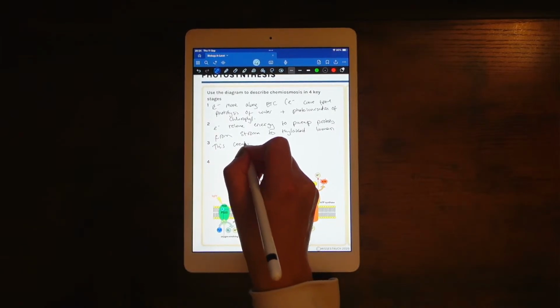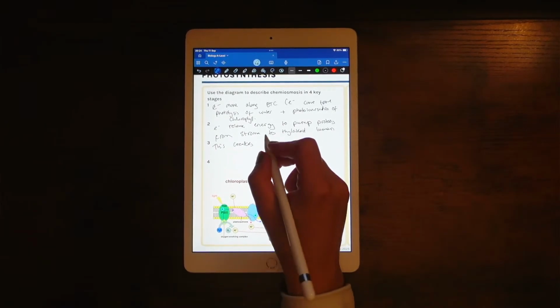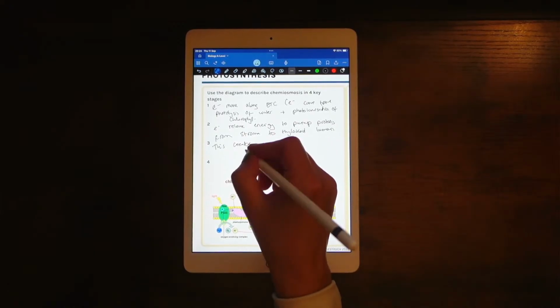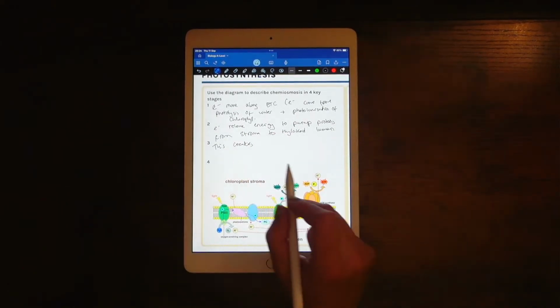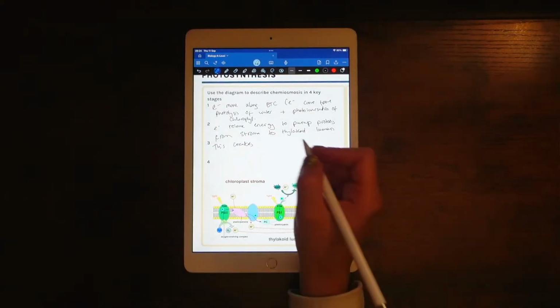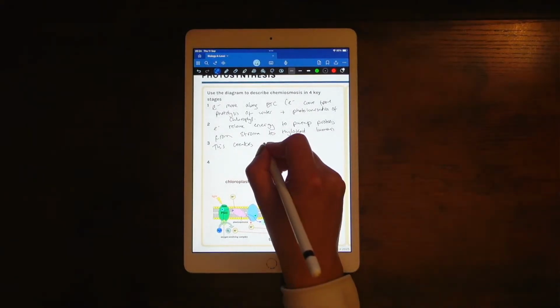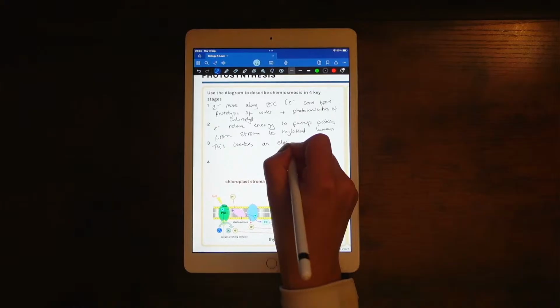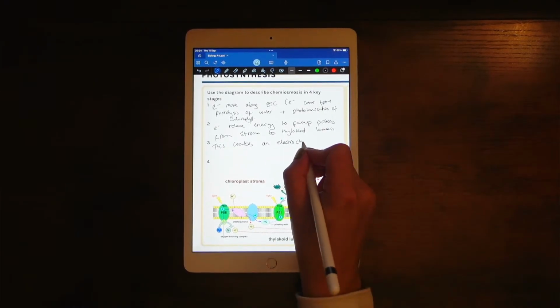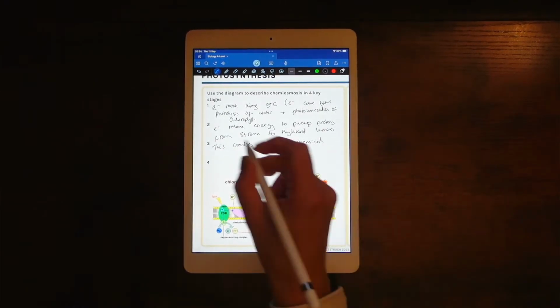This creates, sorry about my writing. When I talk and write at the same time, I try and write really quickly and it ends up just being this awful scrawl. This creates electrochemical gradient.